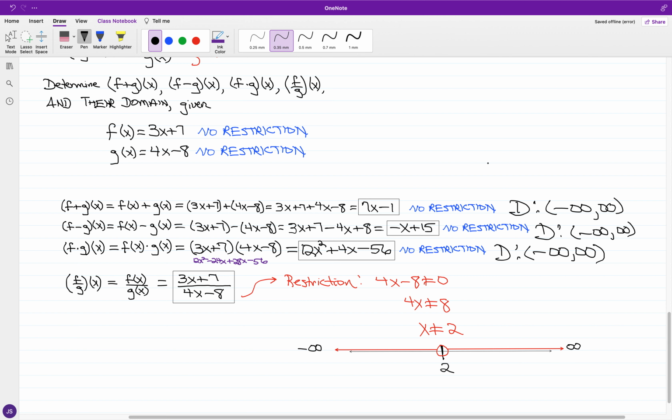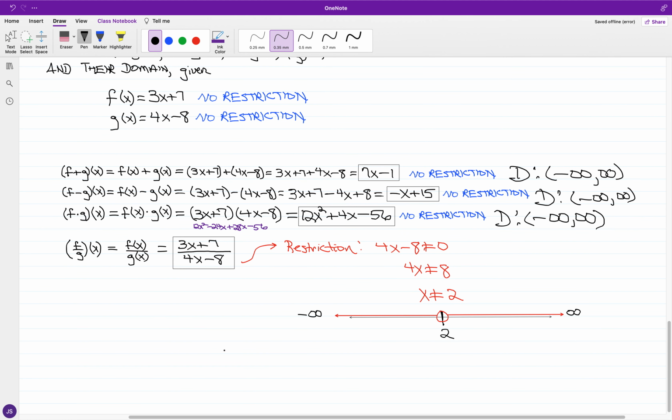So essentially with f of x and g of x as well as the sum, difference, and product functions, we have again all real numbers for the domain. But in the case of the quotient function, this is going to be the odd man out, for 2 is going to be excluded.